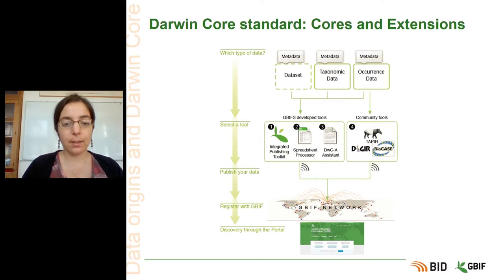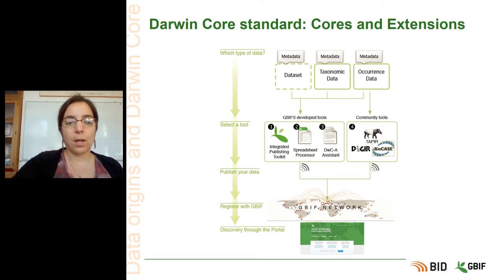Occurrence is about all specimens or observations that you can have in your institution. So if you have some occurrence data, that is to say observations or specimens, or taxonomic data, such as checklist or red list, and the metadata that are describing your data, you can publish them into GBIF using several tools, but mainly the first one on the left of the second row, which is the Integrated Publishing Toolkit, or IPT.